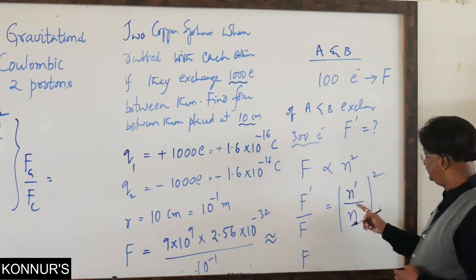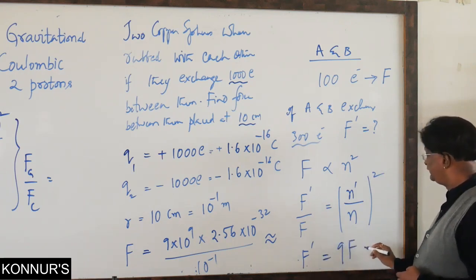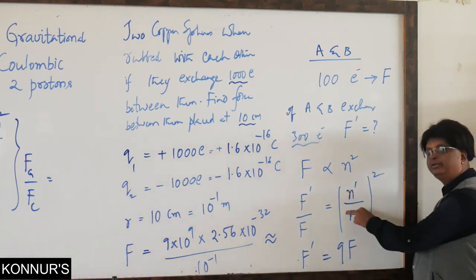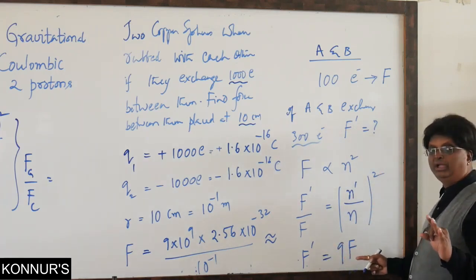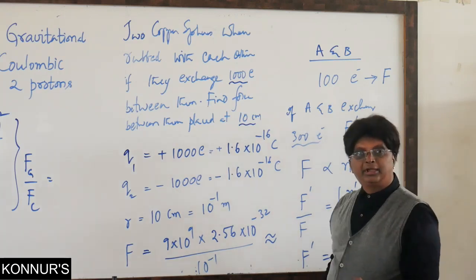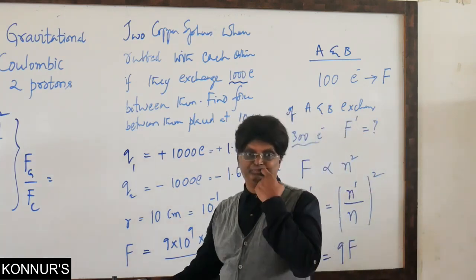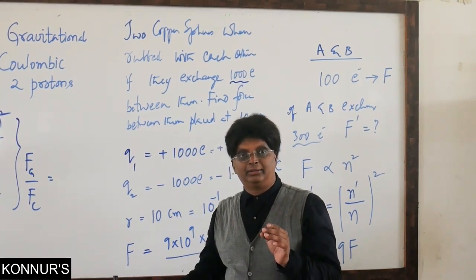Right? It is completely 3 squared. Therefore, F dash is equal to 9F. 300 by 100, 3 squared. Therefore, F dash is equal to 9F. F becomes 9F, becomes 9 times. Becomes 9 times means increased by 8 times.